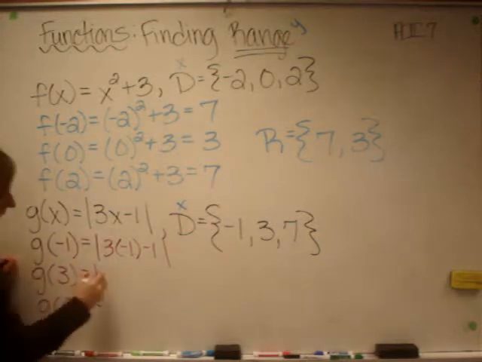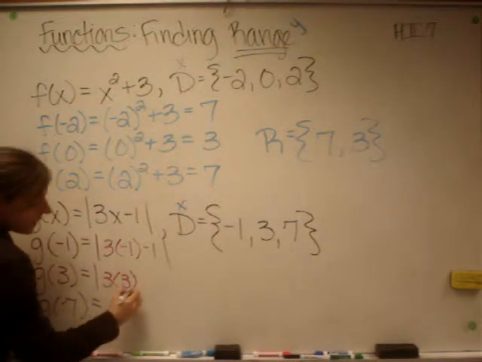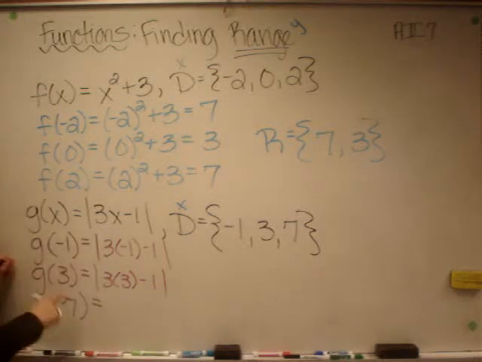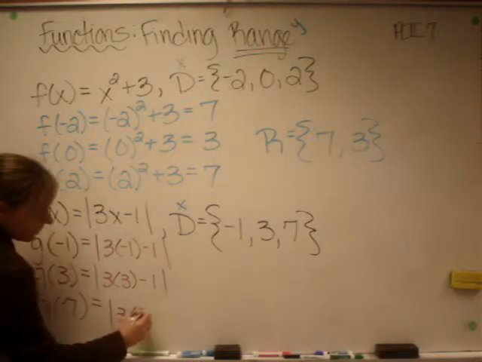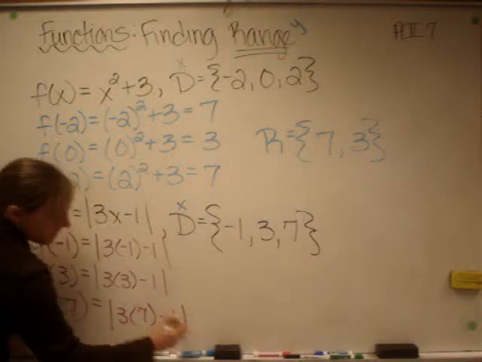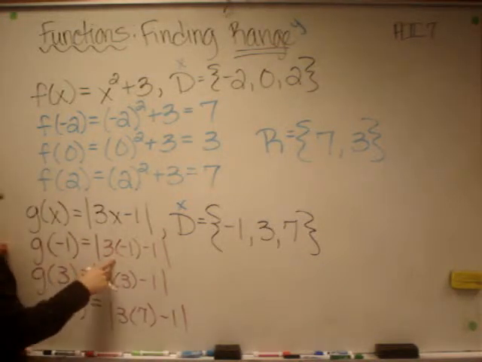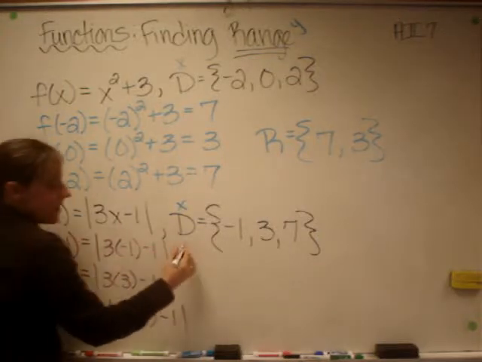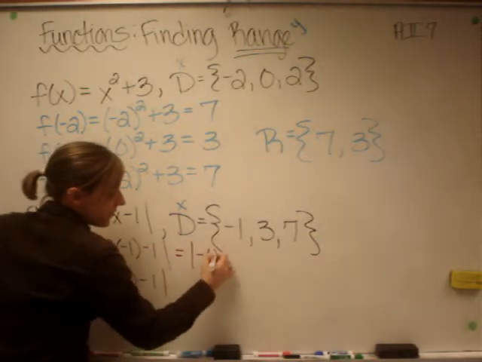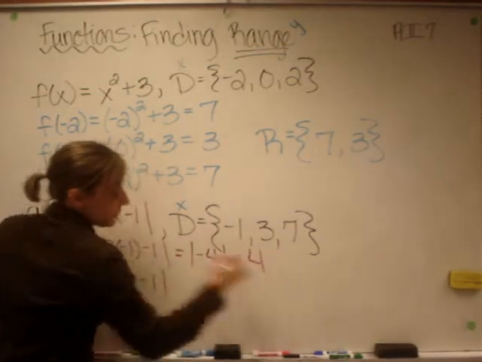This is the absolute value of 3 times 3 minus 1. And this is the absolute value of 3 times, we put in a 7, minus 1. So this is -3 minus 1, so I think that's -4. But the absolute value of -4 is a +4.